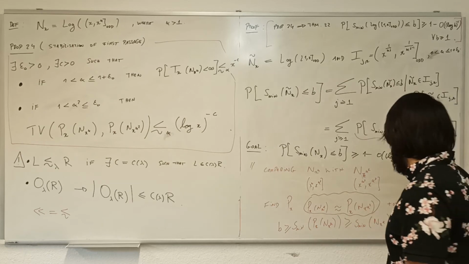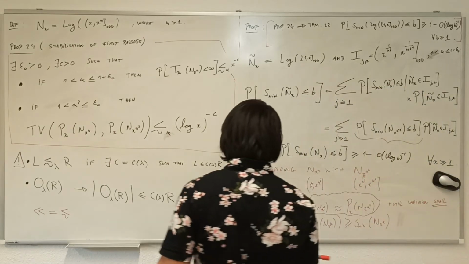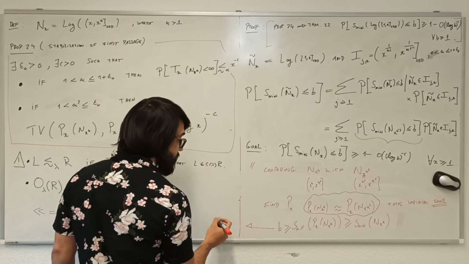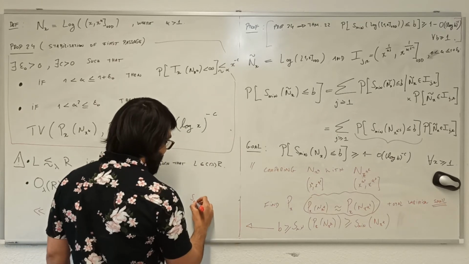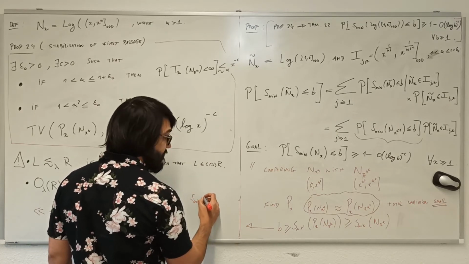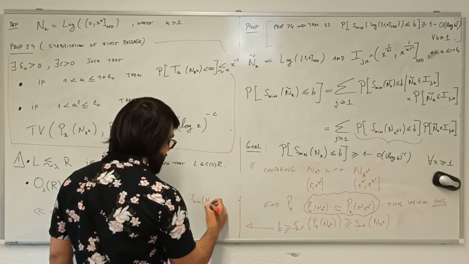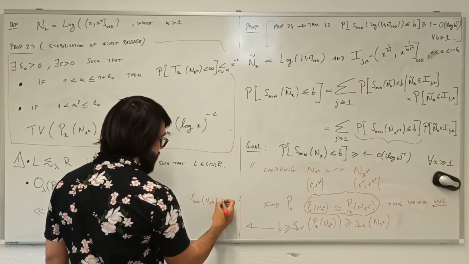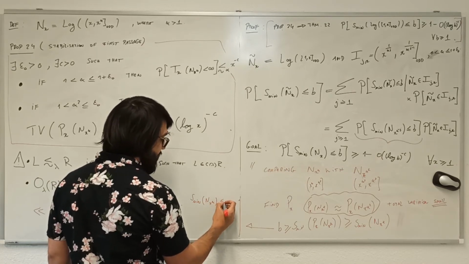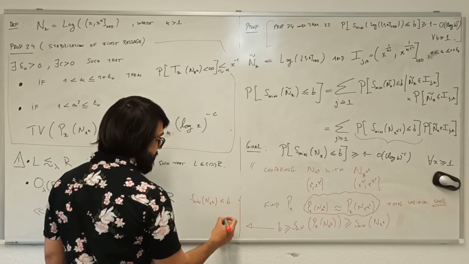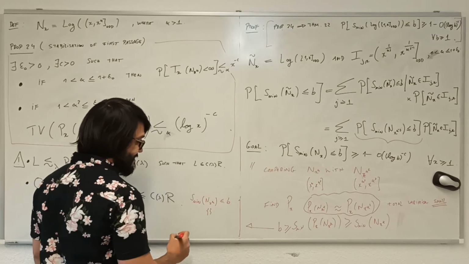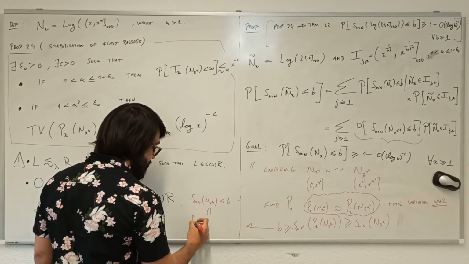So the idea here finally is to deduce that the probability of the event that S min of x alpha is less or equal than b is related to the probability of the next one.